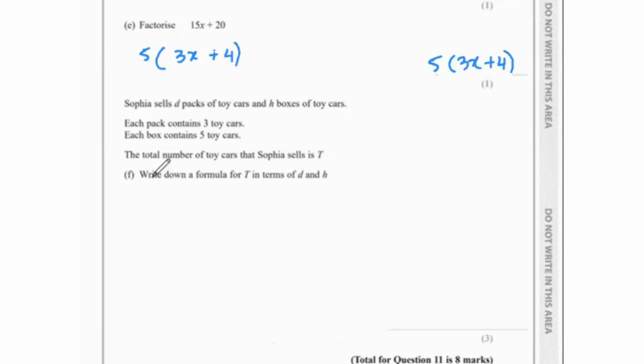Then the next question says that Sophia sells D packs of toy cars and H boxes of toy cars. Each pack contains 3 toy cars and each box contains 5 toy cars. The total number of toy cars that Sophia sells is T. Write a formula for T in terms of D and H. So T equals 3D plus 5H.